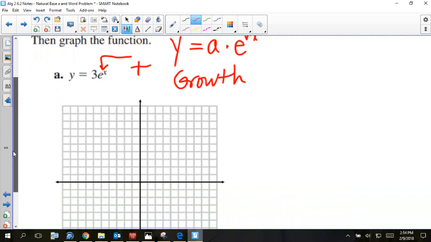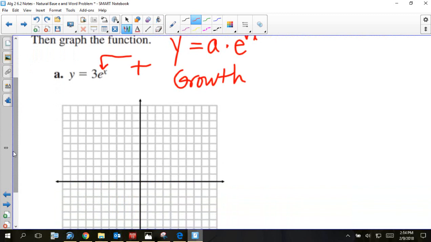Now we are taking 3 times e to the x, and e is 2.718. Not the easiest thing to do by hand. So go ahead and type it in your calculator, but we're still going to accurately graph, and there is still an asymptote.